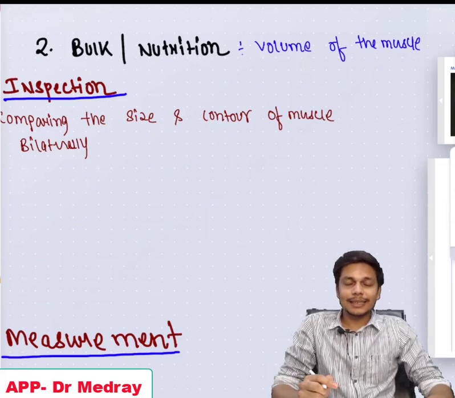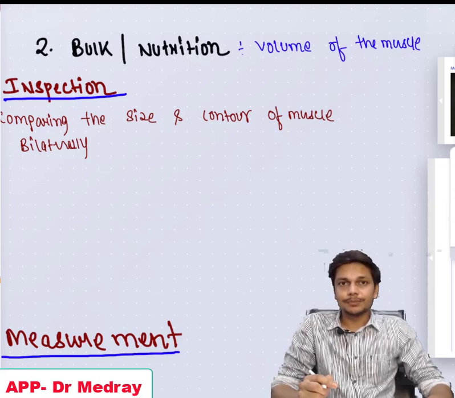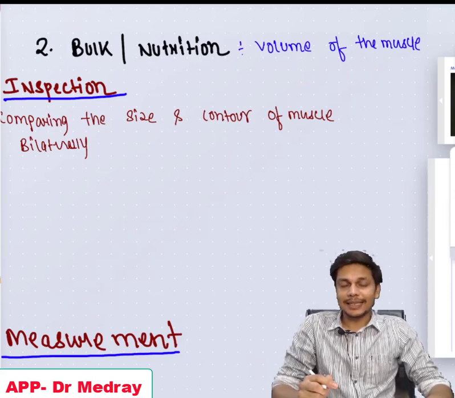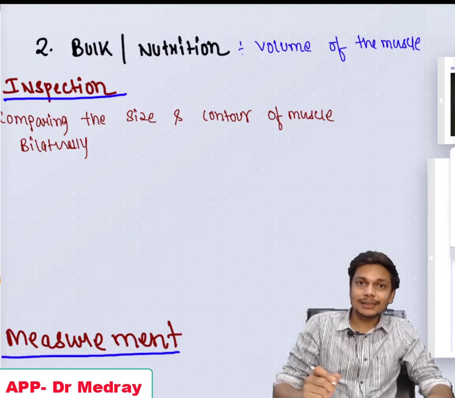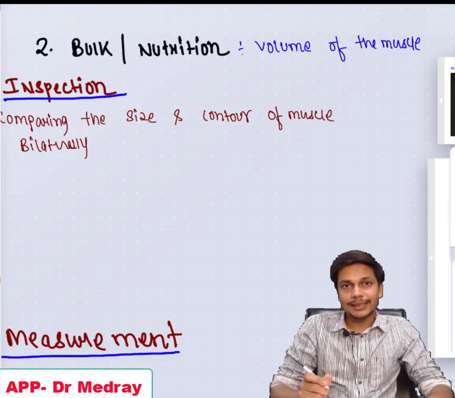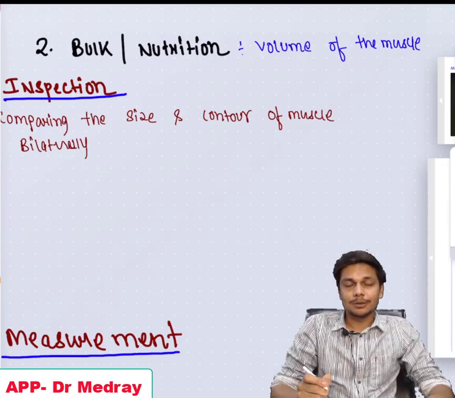In the same way, in a neurological case also, by looking at the bulk of the muscle we can identify many pathologies, or the type of the lesion. As we have discussed in our previous video module, in upper motor neuron lesion there is not much reduction in the bulk of the muscle, but in lower motor neuron lesion there is atrophy of the muscle because acetylcholine is not being released at the neuromuscular junction.